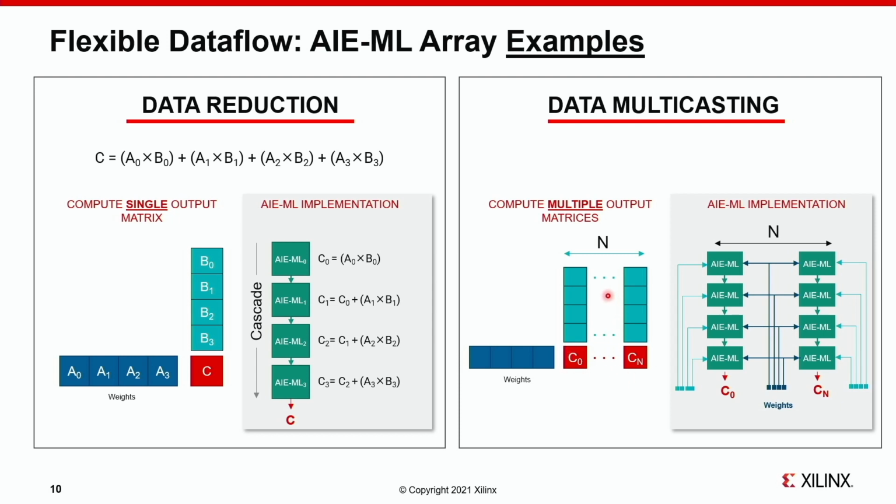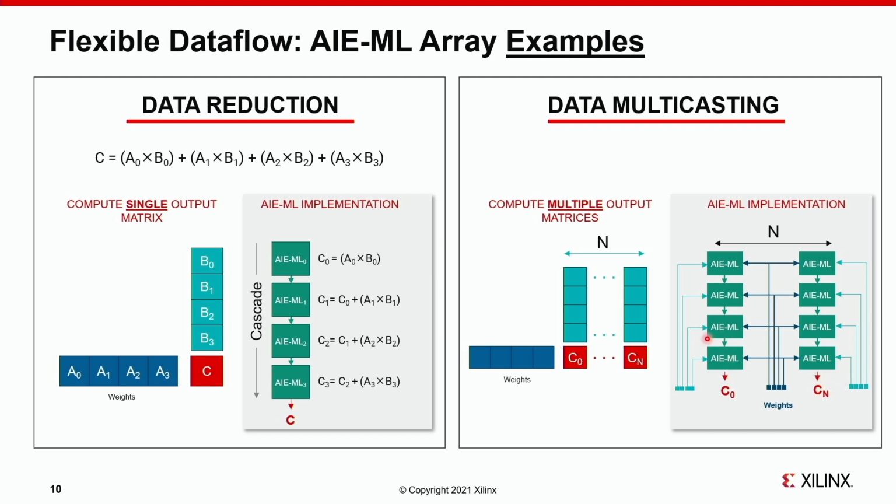All these matrices will have obviously independent values, but they will share all the weights. So in this particular implementation, we would follow the same approach where we would cascade 4 AI/ML tiles to produce one output, and we will have n number of these chains running in parallel to produce these n output results.